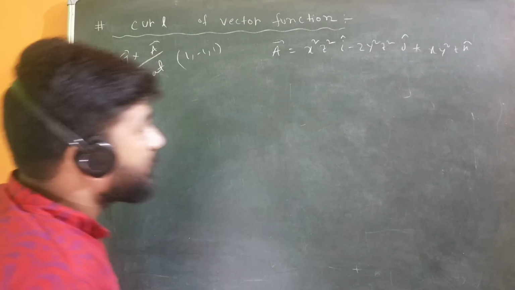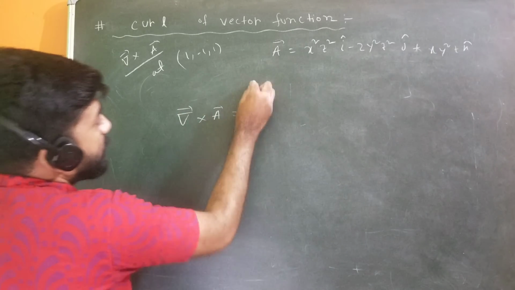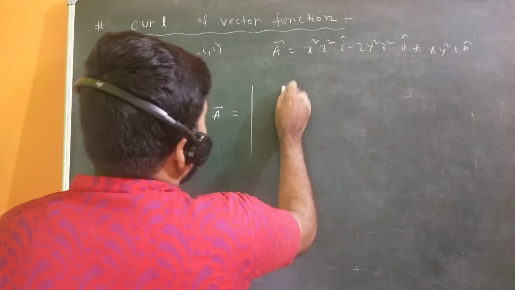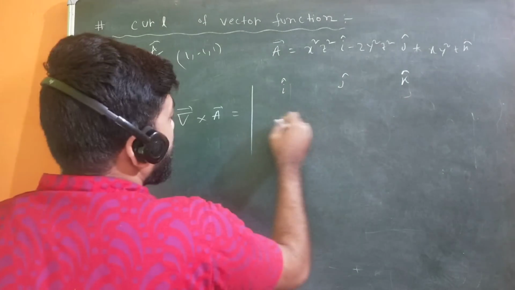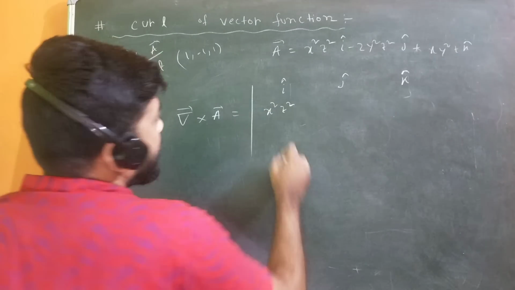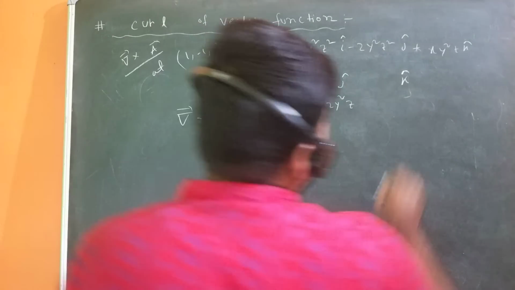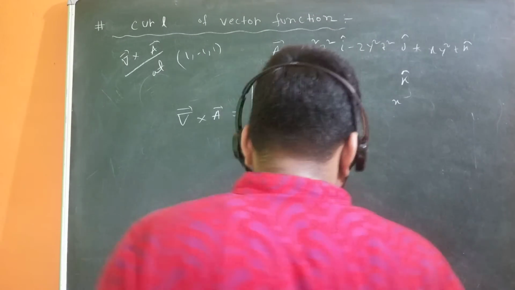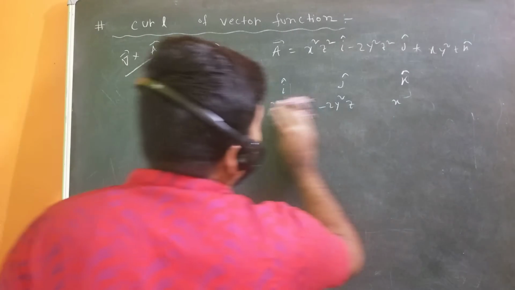So what you have to do? You have to just write curl of A, that is the determinant with i cap, j cap, k cap. First you have to put del x, del y, del z, because the del is earlier, okay?